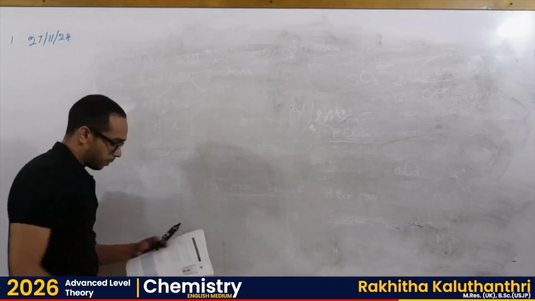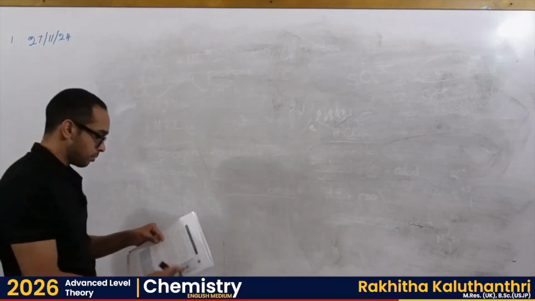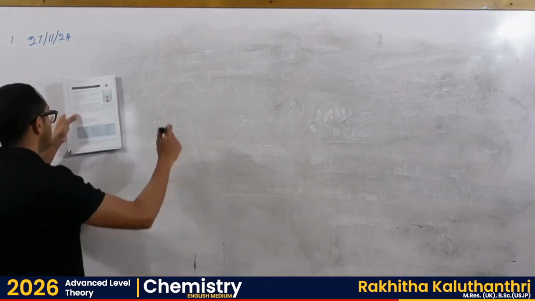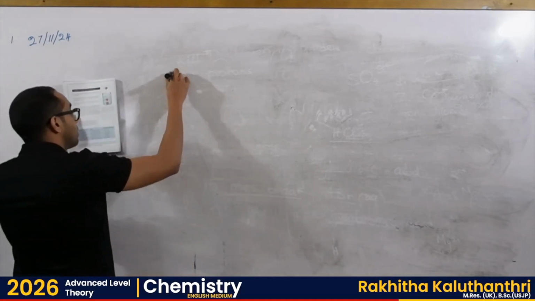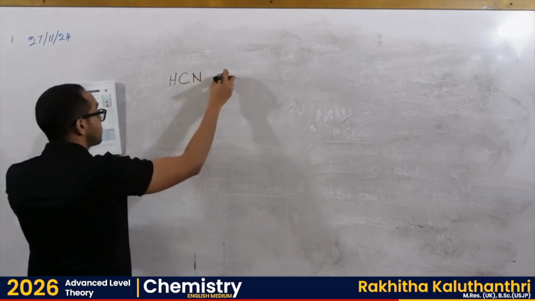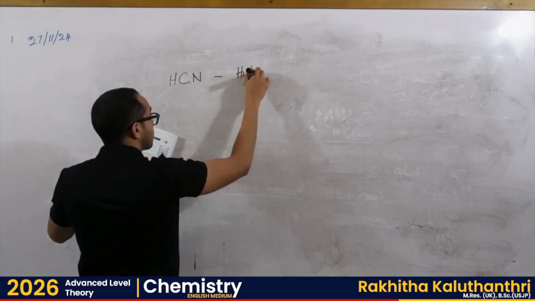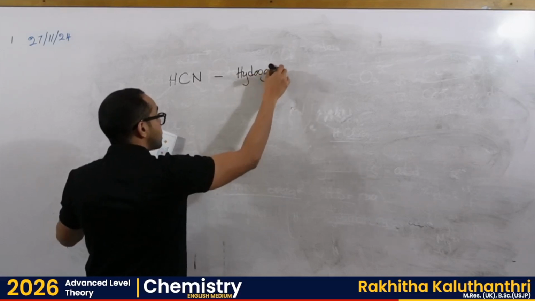Now in this table, under molecular compound, what we see are the common names, right? So it's not the IUPAC name. The common name for this is hydrogen cyanide, right? Hydrogen cyanide.